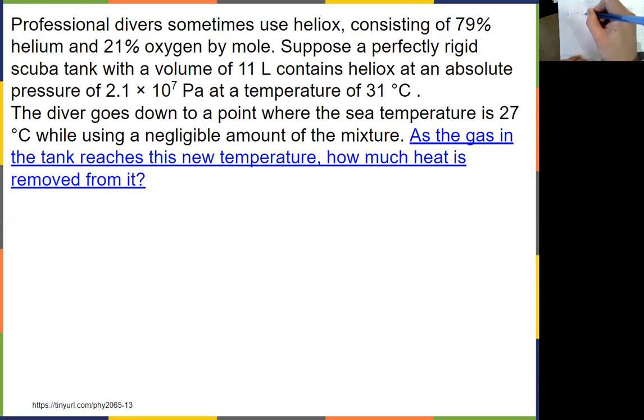If you consume some of the gas, then pressure could change slightly, but volume should stay the same. So this would be the equation you want to use. Now in the system, you actually have two gases, so you probably want to do N1 CV1 delta T plus N2 CV2 delta T. Maybe you can denote one as the helium and two as the oxygen, O2.